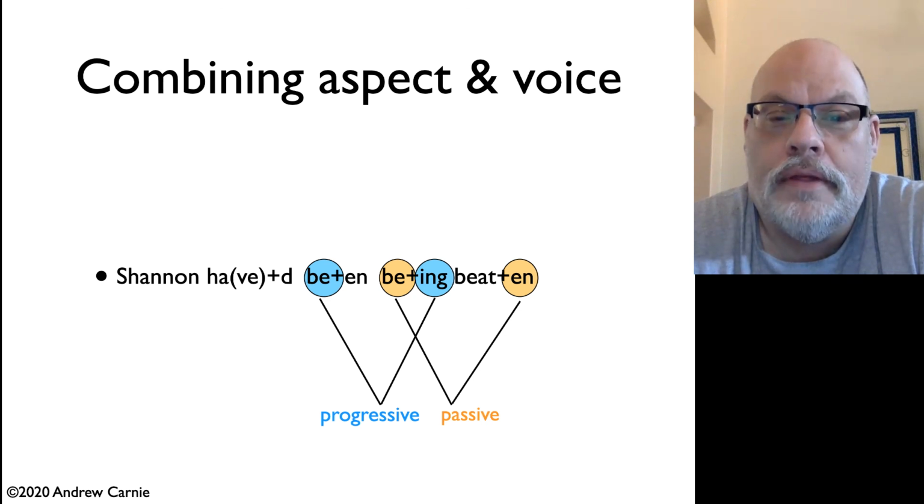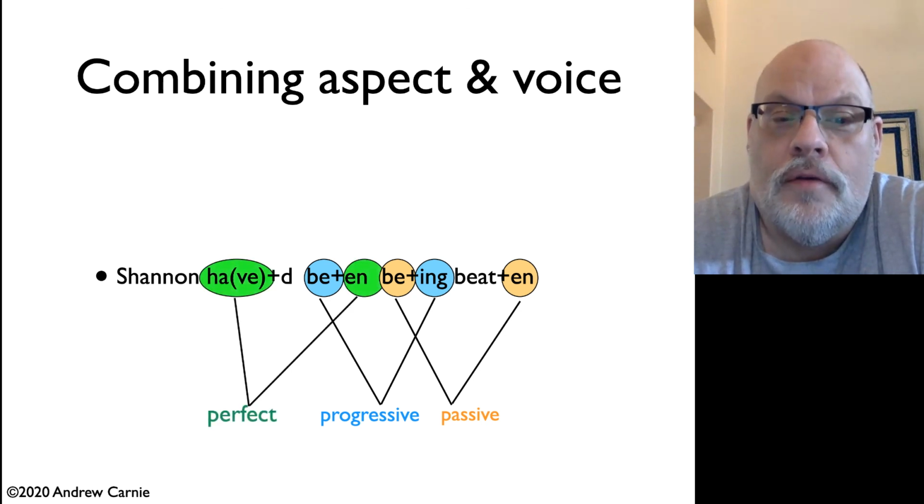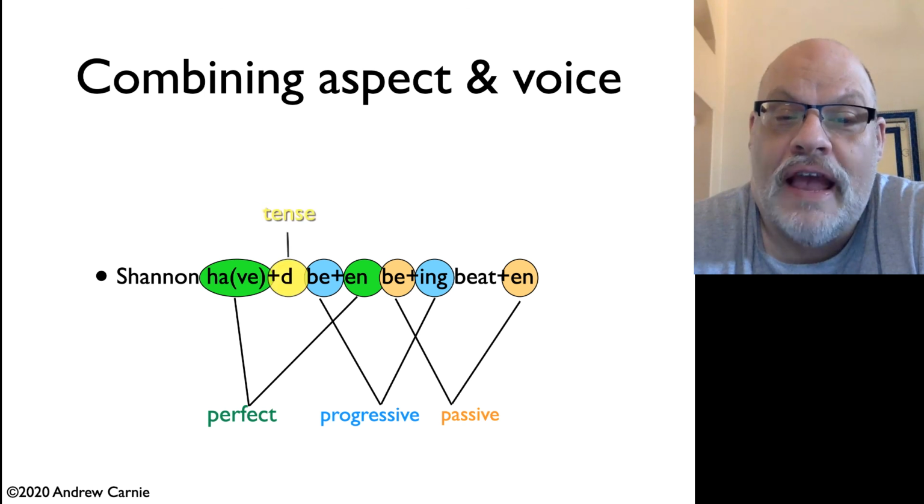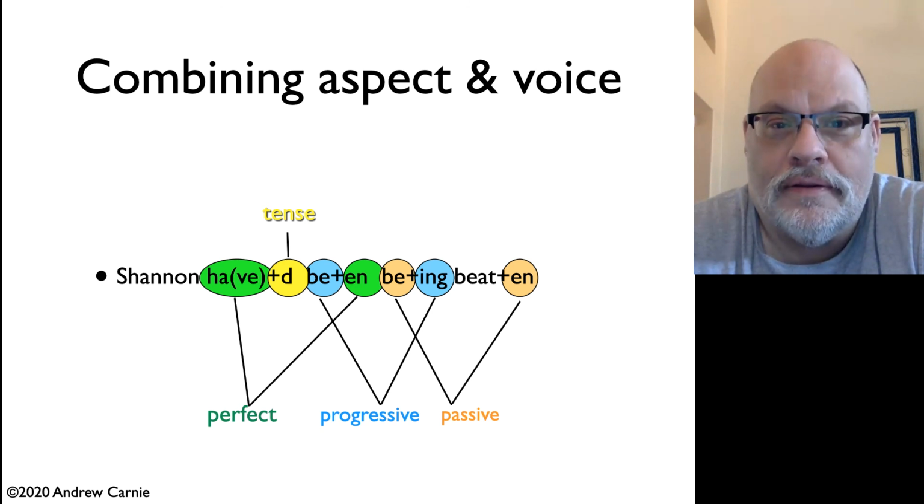And to form the perfect, we have the have auxiliary combined with the en, which is also on an auxiliary verb, to give us the perfect. And then just to round it out, we have the special preterite past tense form of the verb have, which is had, and that gives us the tense. So this is a past, perfect, progressive, passive sentence.